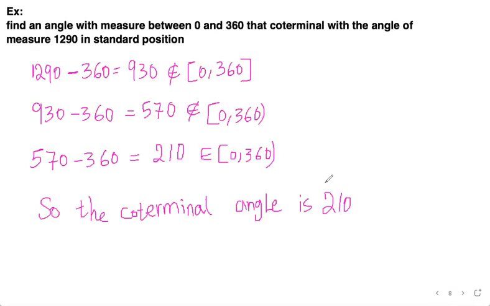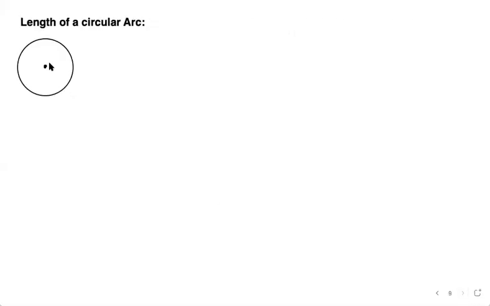We have a circle like this. This circle has a center, and it has a radius. This is my radius, and it also has another radius here.